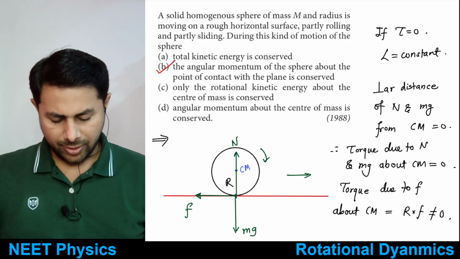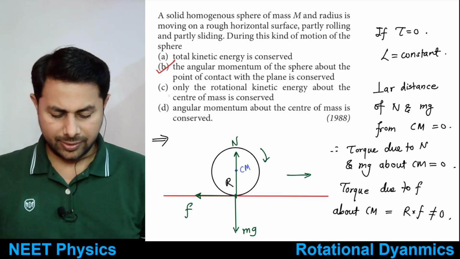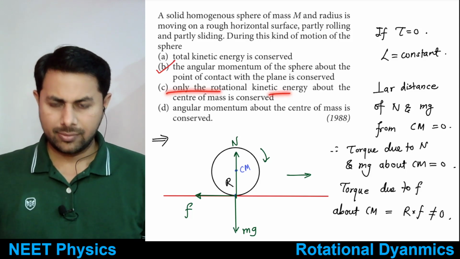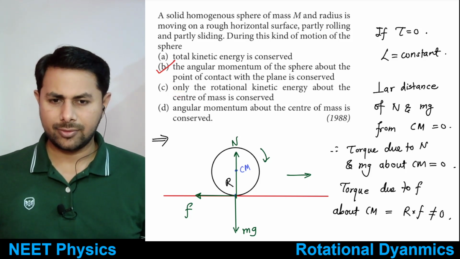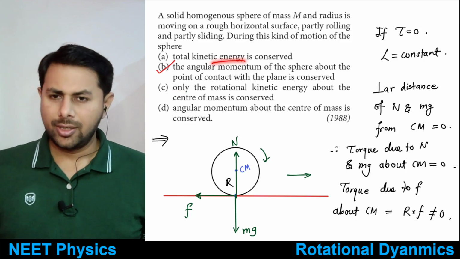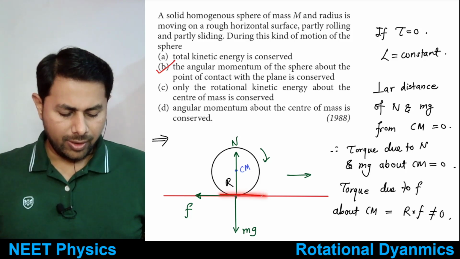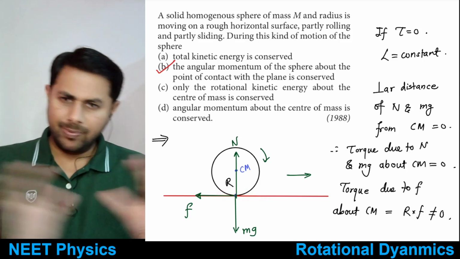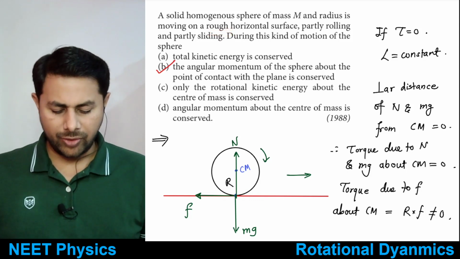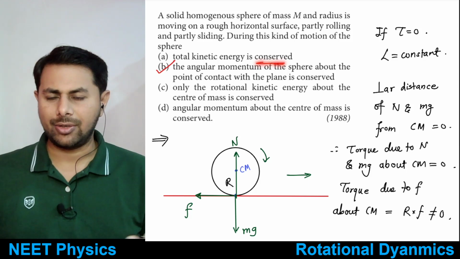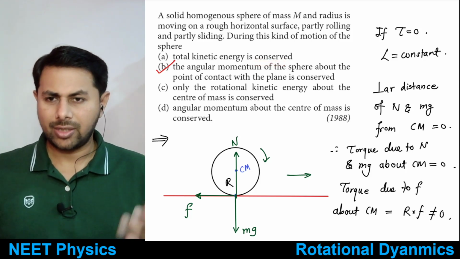Which one is wrong? Option C. You said option C, no, Yamini? Option A and C. Okay, so see what's happening: it is slipping on a rough surface. Kinetic energy cannot be conserved because there will be loss of energy.